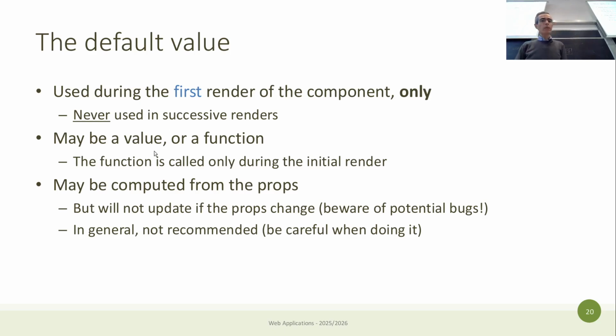Okay? This value may be an immediate value, so something like a string, boolean, number, array, object, or even a function. But again, this function is not called again. It's just for convenience. If it's a function, React recognizes it's a function, gets the return value of the function, so it immediately runs the function, gets the return value, and simply uses this return value as the initial value. Okay?